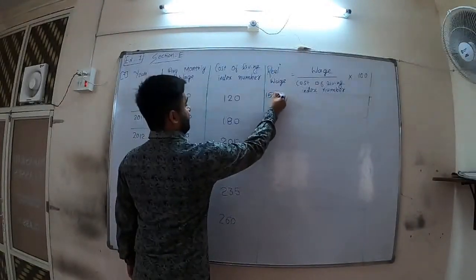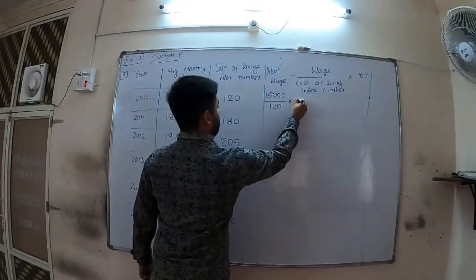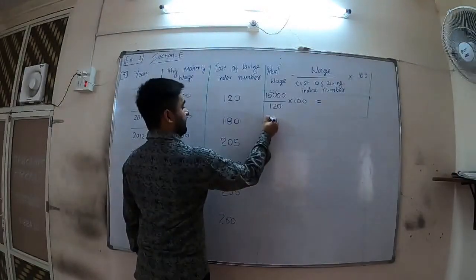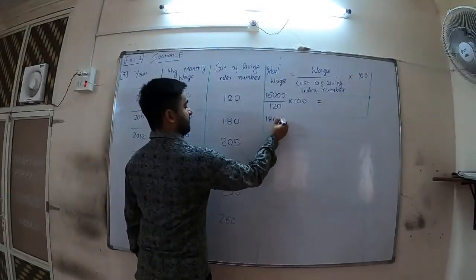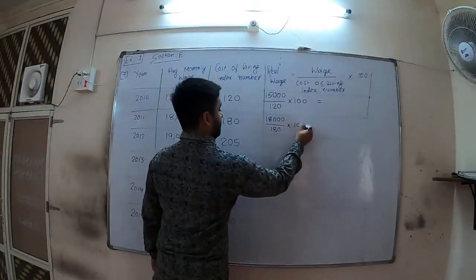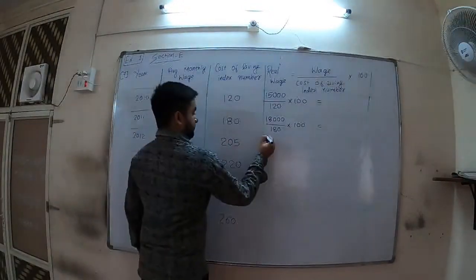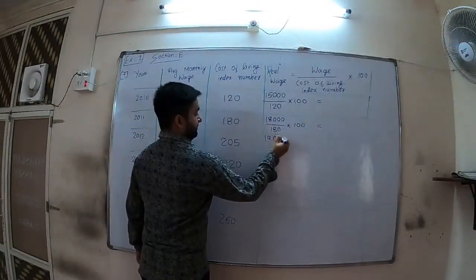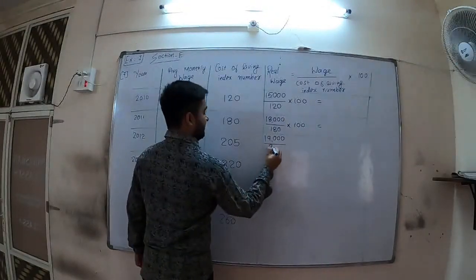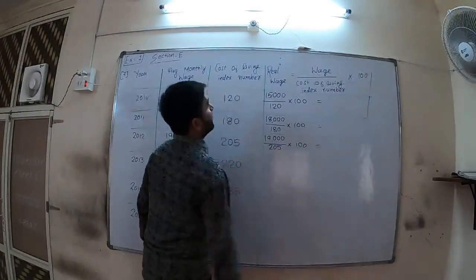Wage is 15,000 upon 120 multiply 100. Then wage is 18,000 divide 180, multiply 100. Then wage is 19,000 divide 205, multiply 100.